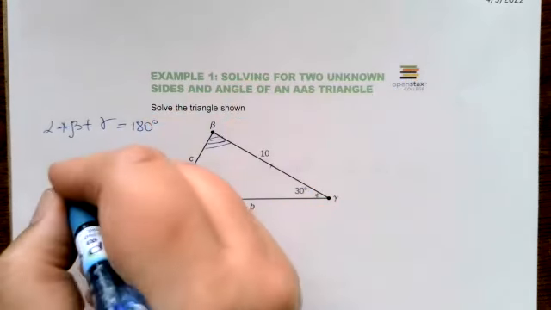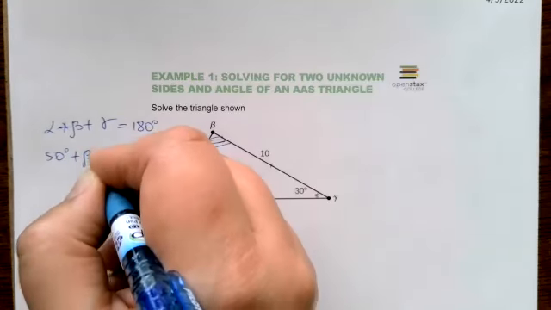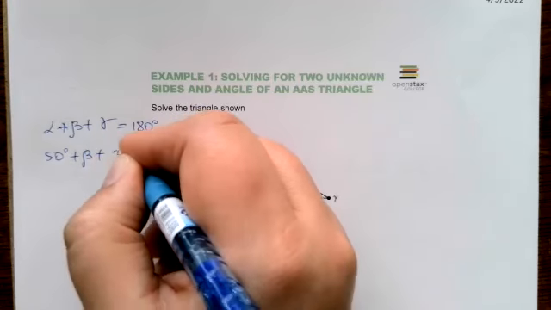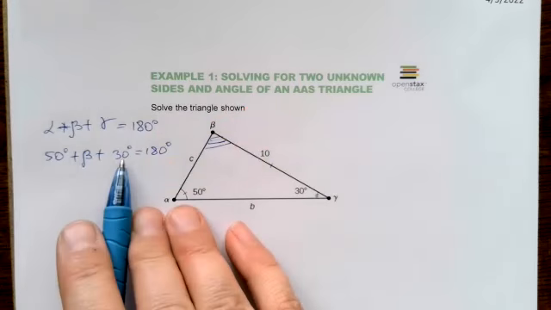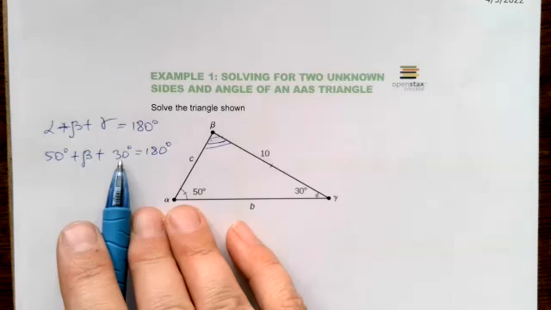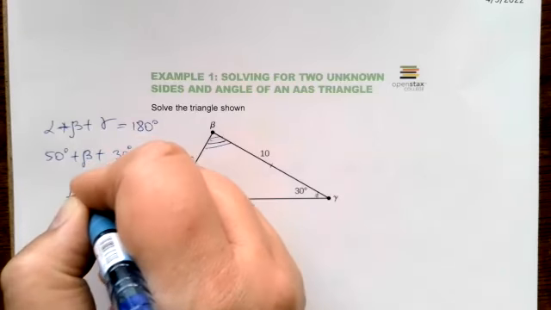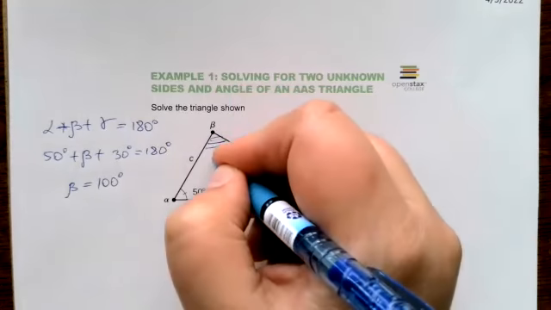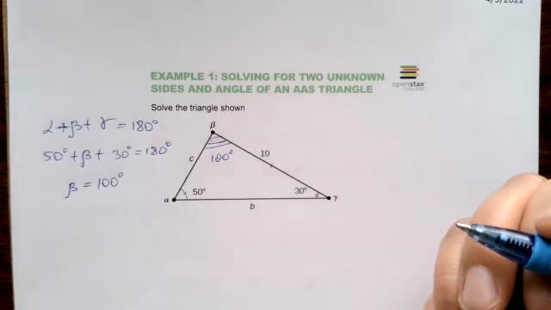Plugging in the values, we're going to have 50 degrees plus beta plus gamma, which is 30, equals 180. So that's 80 together on the left side. When we subtract 80 on both sides, we get beta equals 100. So we know that angle beta is 100 degrees.